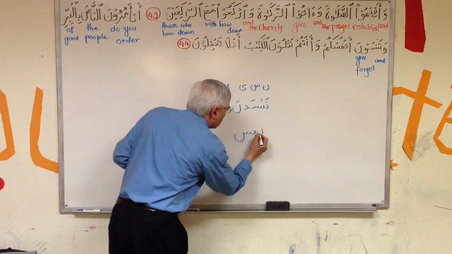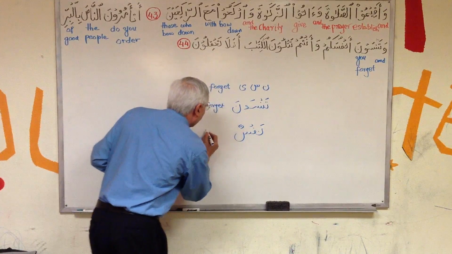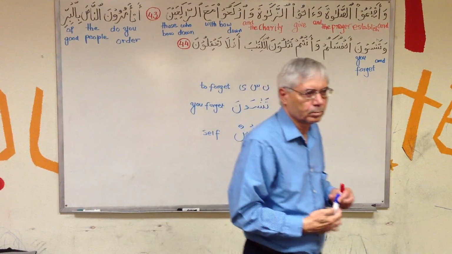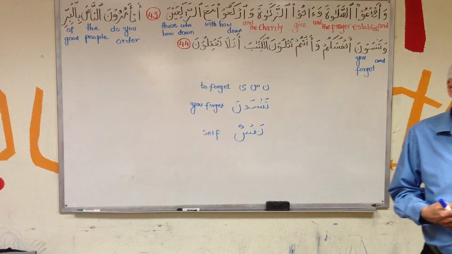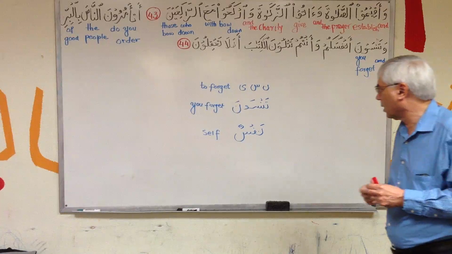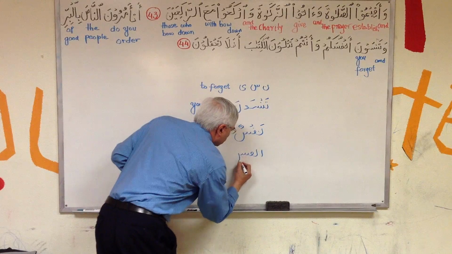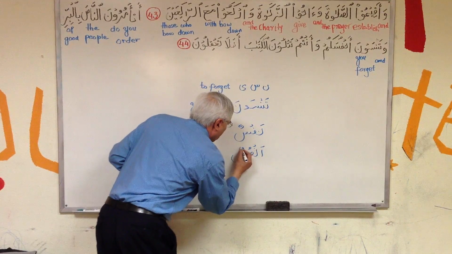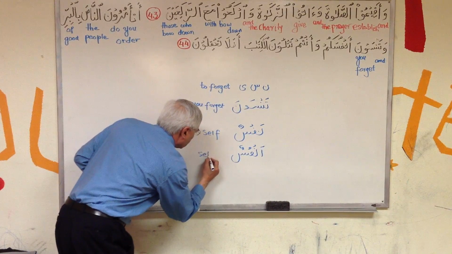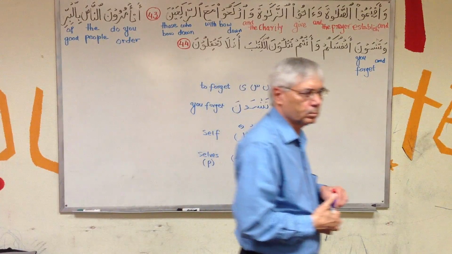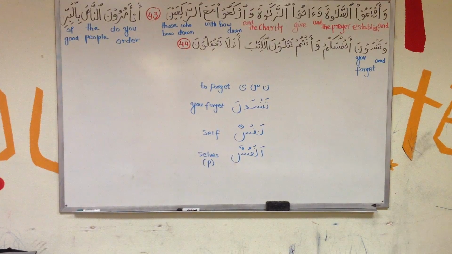Nafsun means self, like myself. And anfusun is the plural. Anfusun means selves. It's a plural, many people.